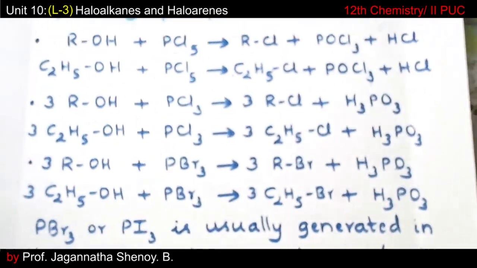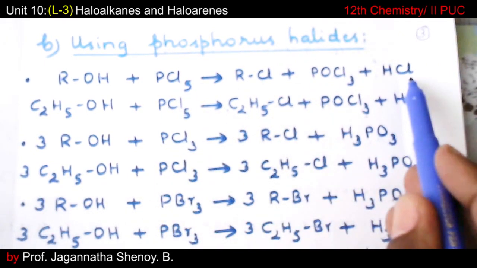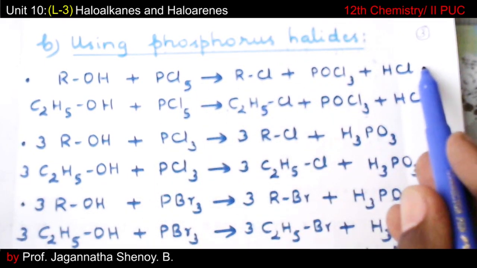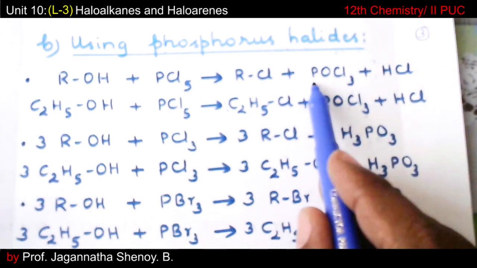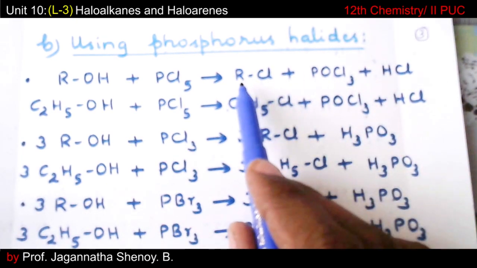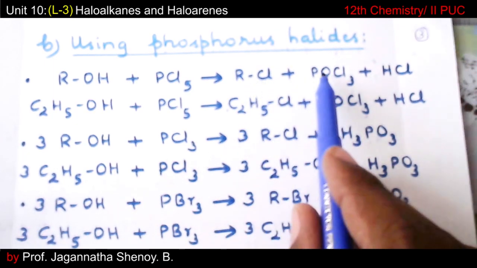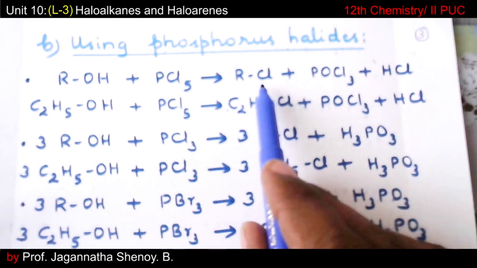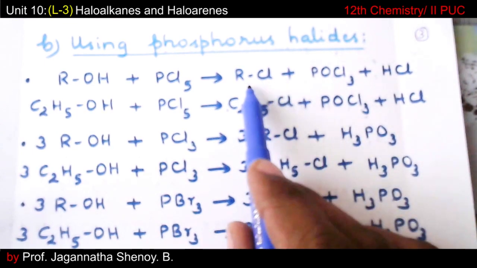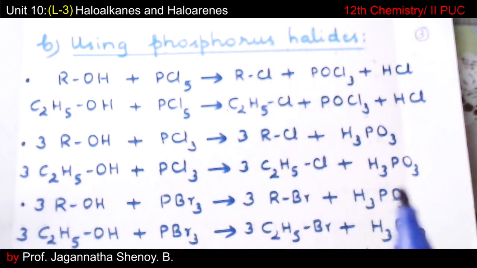But when you make use of PCl5, HCl is gas, no doubt, it will easily escape off. But POCl3 is a colorless, transparent liquid which easily mixes with the liquid alkyl chloride. So separation is a difficult one, is a problem. So getting pure alkyl chloride is not so easy.